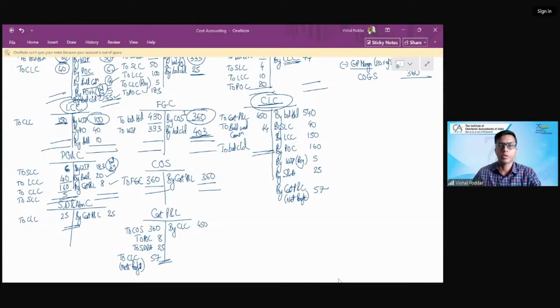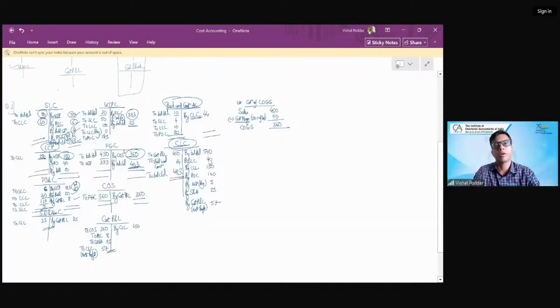So he is also now saying 483. Correct? So the final answer is 483. Closing balance in my CLC account.